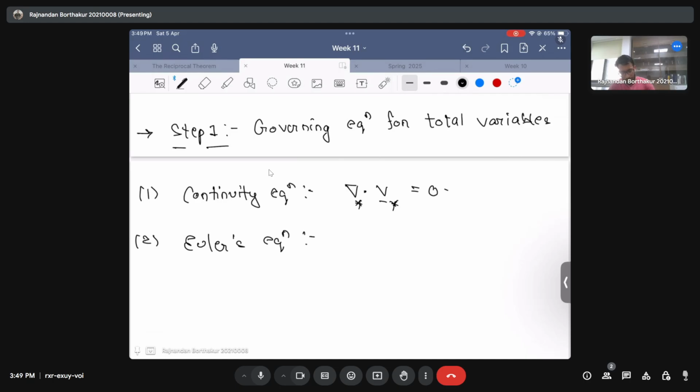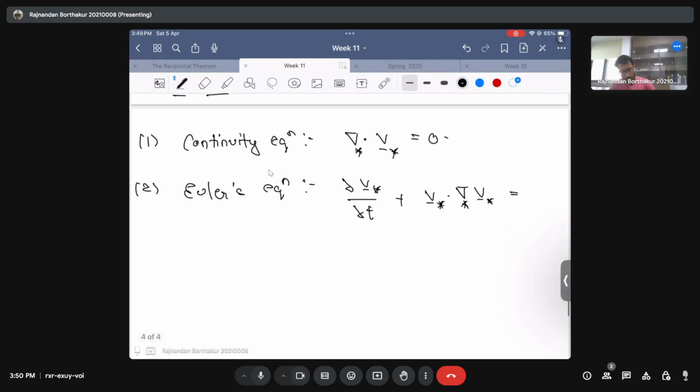It is del v star by del t plus v star dot grad star v star, equal to minus gradient star of p star. Let's name these equations, because we will have numerous equations coming up in this analysis.